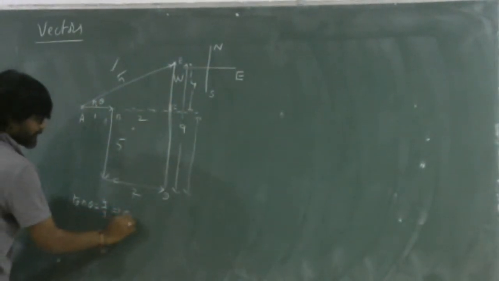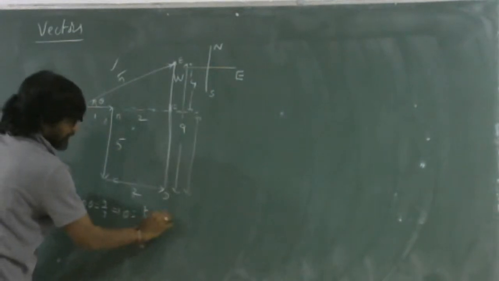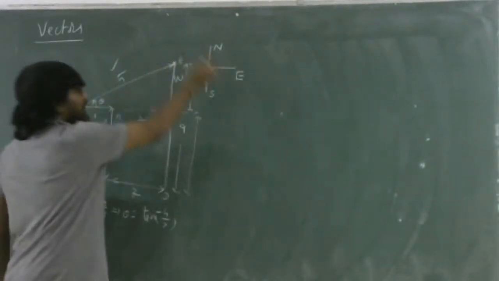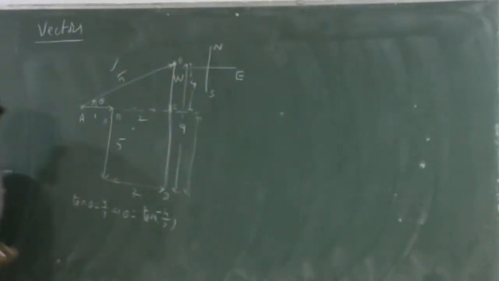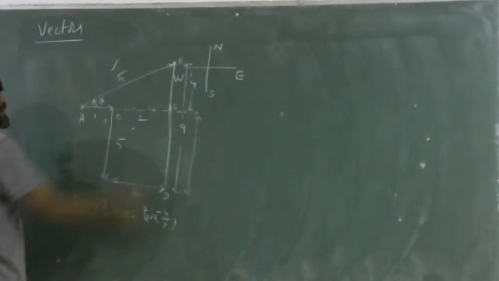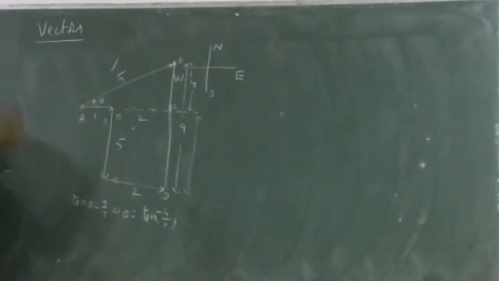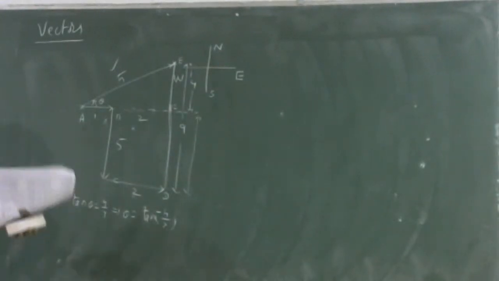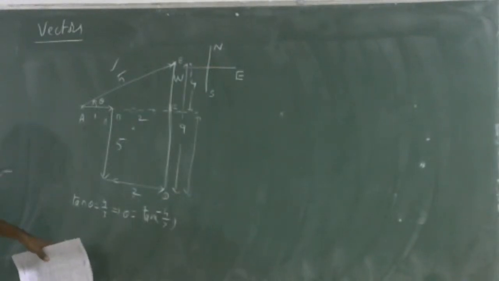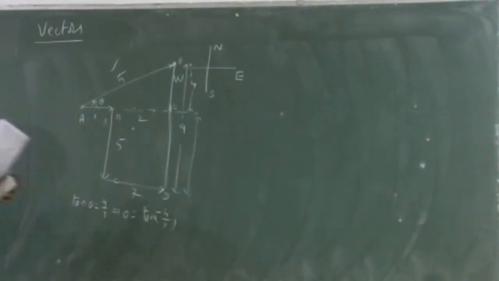Theta is equal to tan inverse of 4 by 3, north of east. Of east means from east. Or you can take sine also. Sine theta is equal to opposite side by hypotenuse, 4 by 5. Theta equals sine inverse of 4 by 5, north of east. Or 3 by 5, cos inverse of 3 by 5, north of east. Like this also you can mention the direction. But direction is not asked there. If it is asked, you have to answer this one. Okay? Keep that in mind.